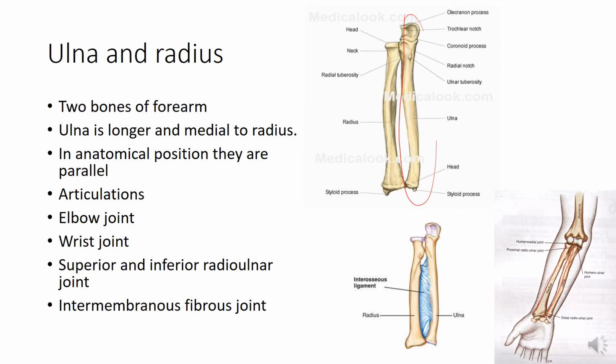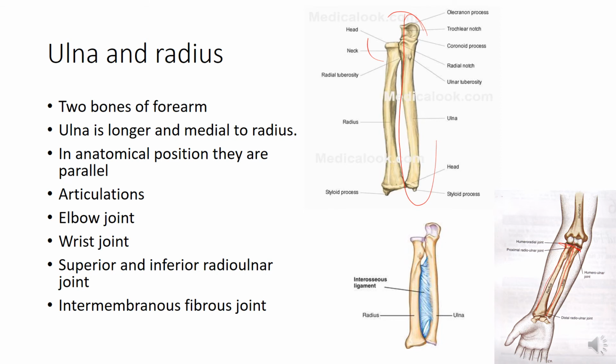Articulations. Now the upper ends of these bones unite with the humerus to form the elbow joint, and the lower end articulates with the carpal bones at the wrist joint, and they also make joints with each other at the proximal and distal ends, known as the proximal and distal radio-ulnar joints, or the superior and inferior radio-ulnar joints.